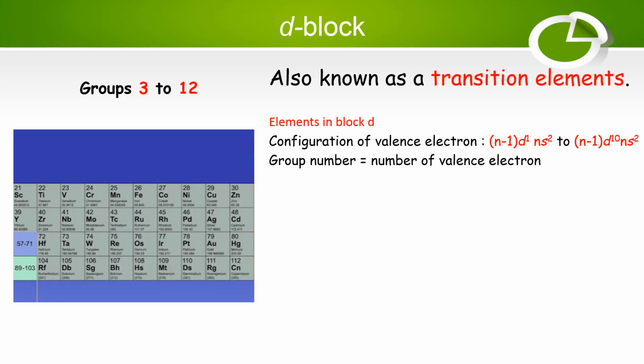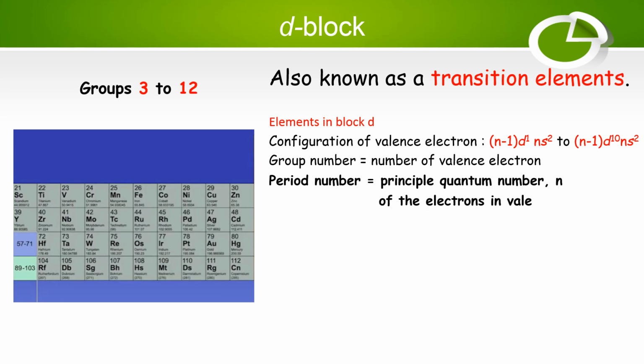So the group number is equal to the number of valence electrons. The period number is equal to the principal quantum number of the electrons in the valence shell.